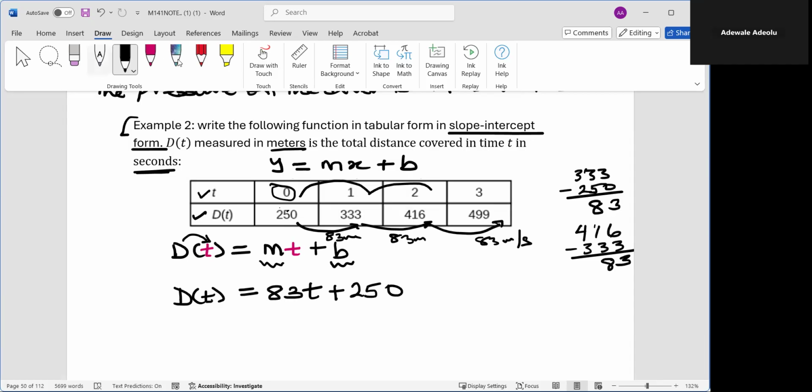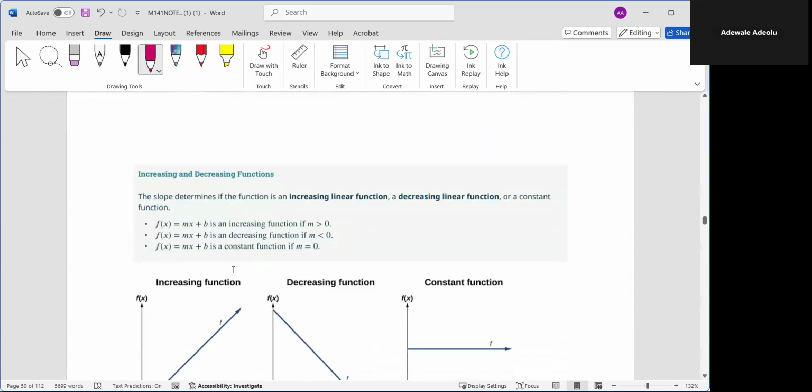And the unit for this, because it is distance, is meters. Okay, so have we answered the question? Yes, write the following function in tabular form. d of t measured in meters is the total distance covered in time t in seconds. So that is the answer.